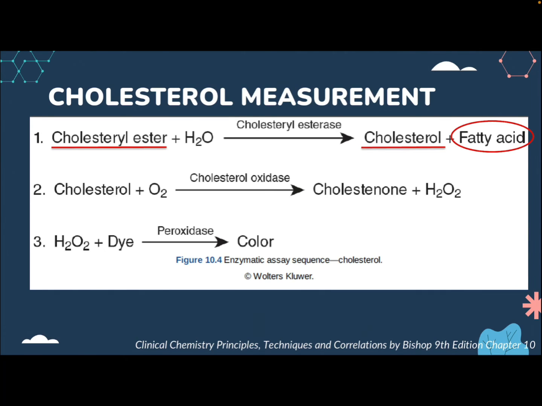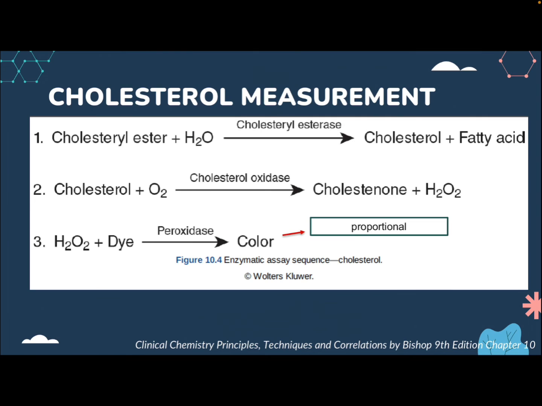The free cholesterol is reacted by the second enzyme called cholesterol oxidase, producing hydrogen peroxide or H2O2, a substrate for a common enzymatic color reaction using horseradish peroxidase to couple two colorless chemicals into a colored compound. The intensity of the resulting color is proportional to the amount of cholesterol and can be measured by a spectrophotometer, usually at a wavelength of around 500 nanometers.